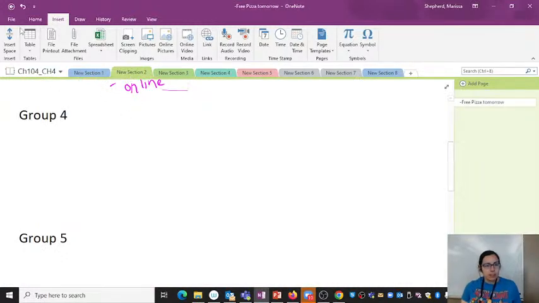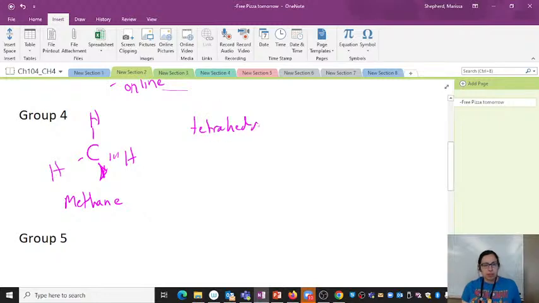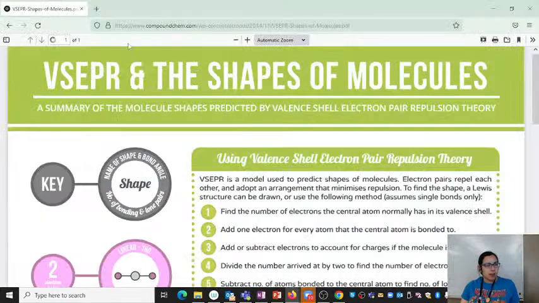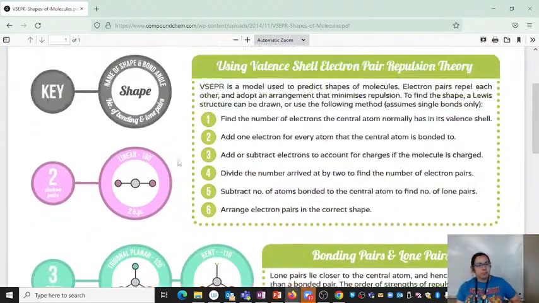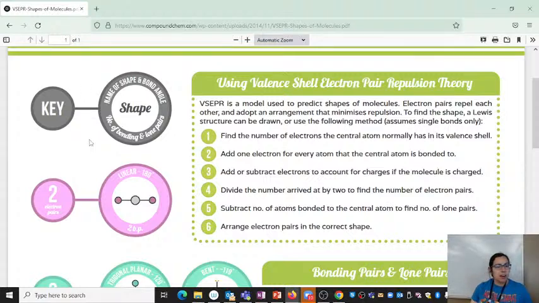Our classic example is going to be methane. Methane has this tetrahedral geometry, and you can find it on your chart. We can look at how to read this thing. You have this key on the side.